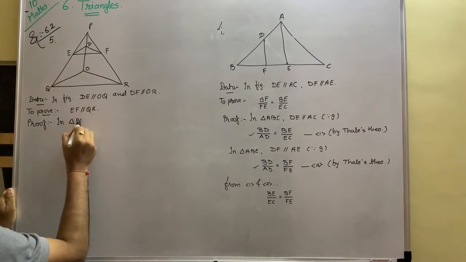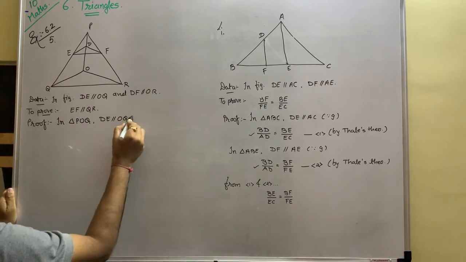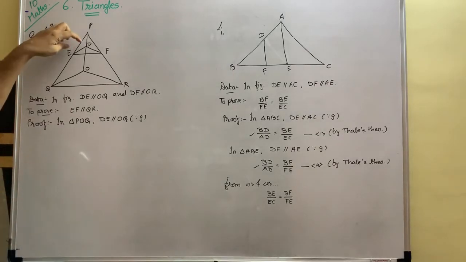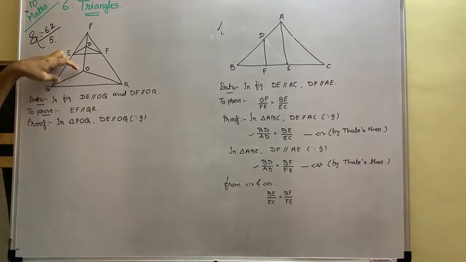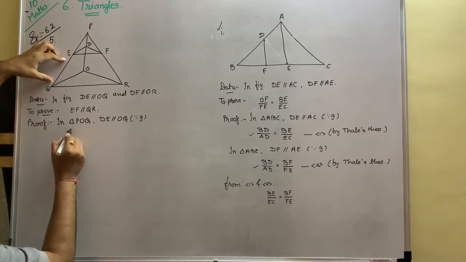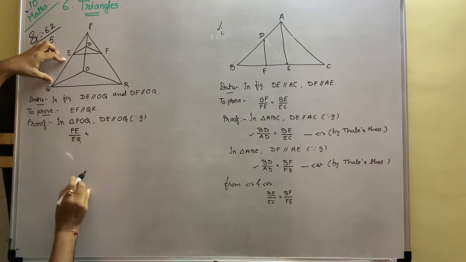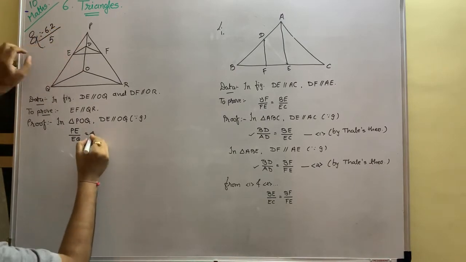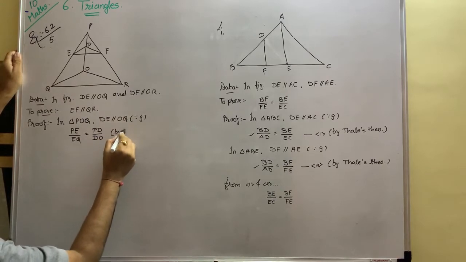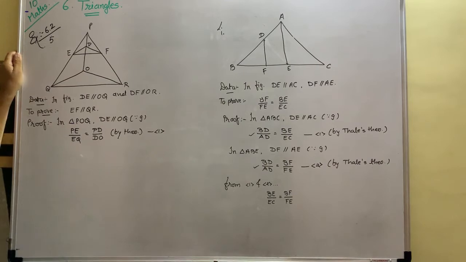In triangle POQ, DE is parallel to OQ, given. If DE is parallel to OQ, then sides are in the same proportion. So PE upon EQ is equal to PD upon DO by theorem. Result number 1.